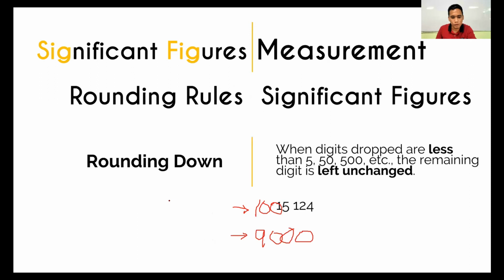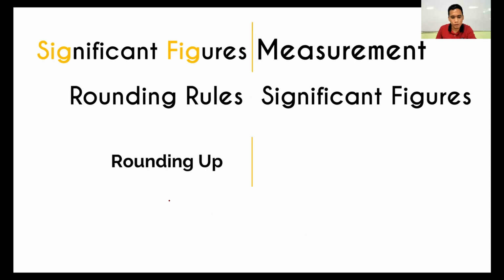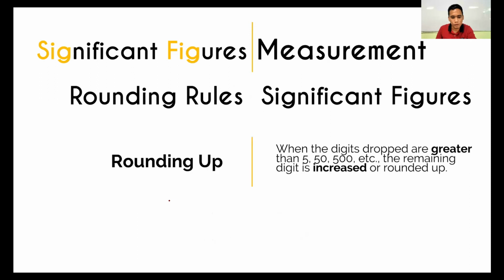For rounding up, if the digit is equal to or greater than 5, if it is 6, 7, 8, and 9, you round up, or you increase it by 1. For example, 189 rounded to its nearest hundreds.